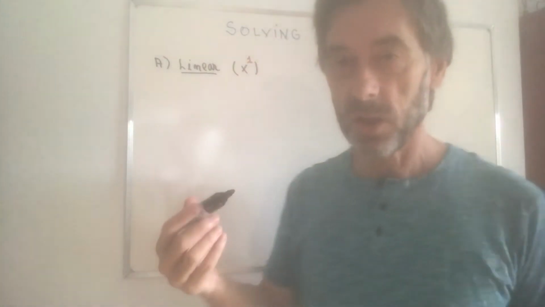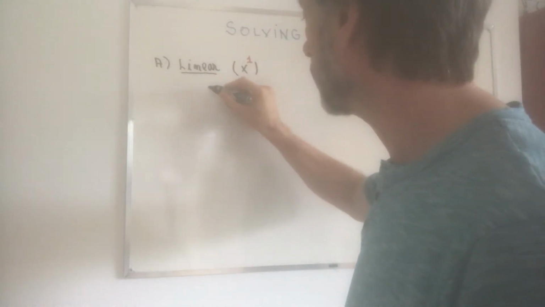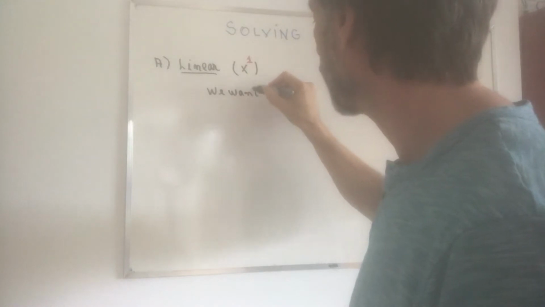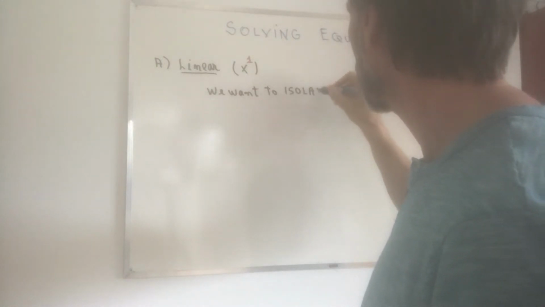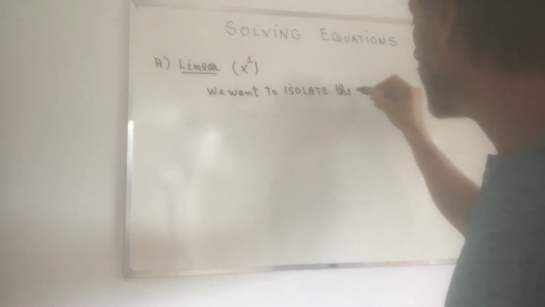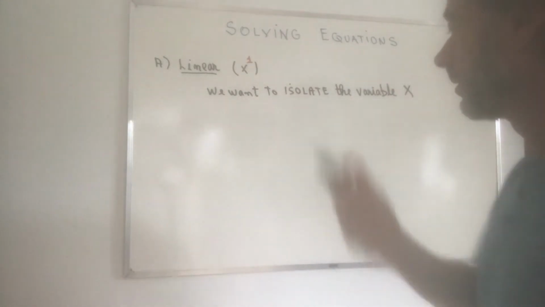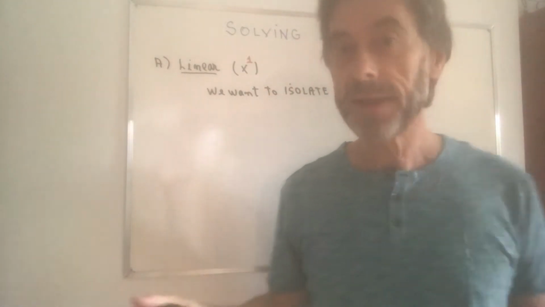But I can tell you in a résumé, the idea is that we want to isolate the variable, which is usually x, right? That's what it means to actually solve the equation. It means to solve for x or isolate what x is.